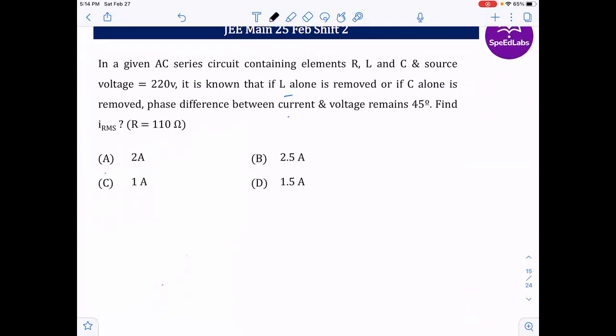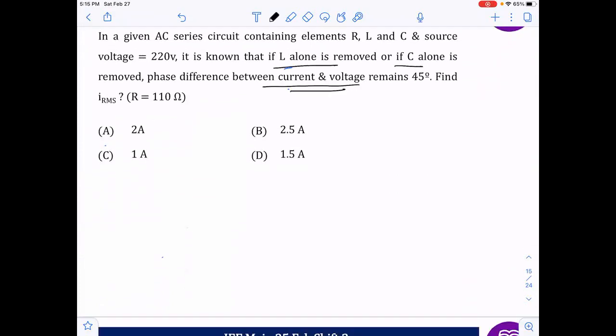Now, a very interesting question, one of the best questions asked. They are saying if only L is removed or C is removed, the phase difference between voltage and current remains the same. Now understand, according to the phasor diagram with R, XL and XC, if one is removed, the angle is 45 degree.